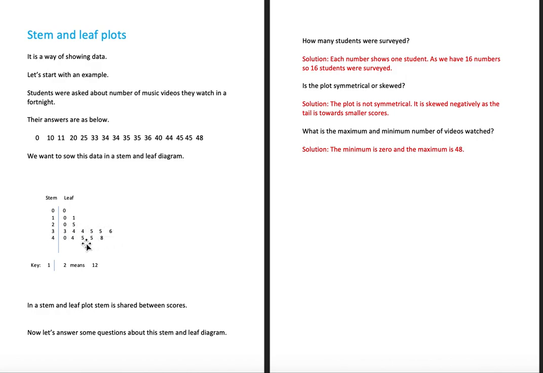So your data is clustered around this side, the larger side. So you've got more large numbers than small numbers. So the tail is here, and that's called negatively skewed.